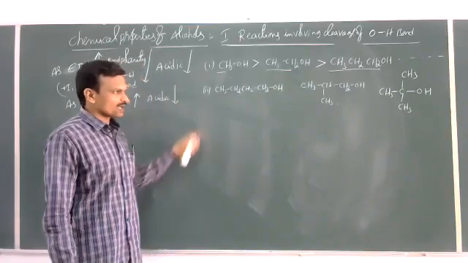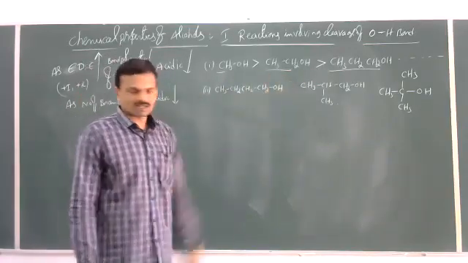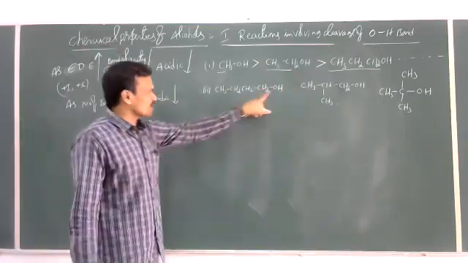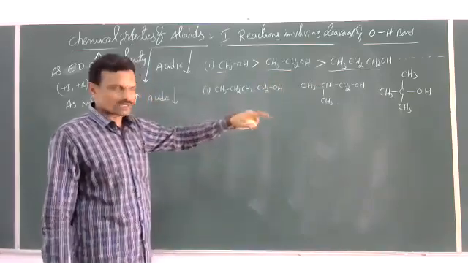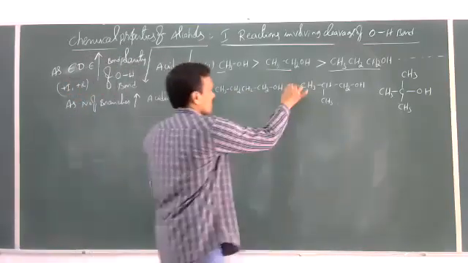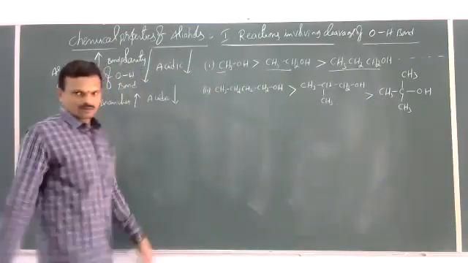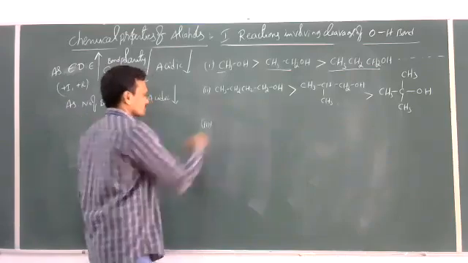As the number of alkyl branches increases, the plus I effect increases. As the plus I effect increases, the bond polarity of the OH bond decreases. As the bond polarity of the OH bond decreases, automatically acidic strength also decreases. Now, the first one is more acidic than the second one, which is more acidic than the third one. This is the second case.